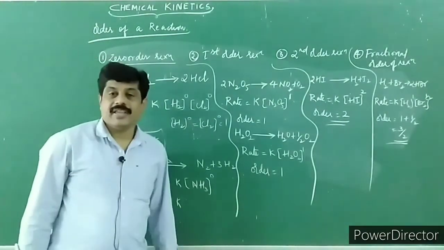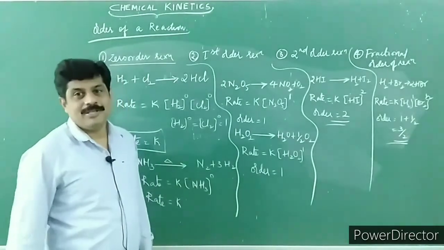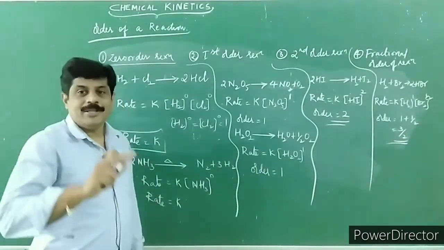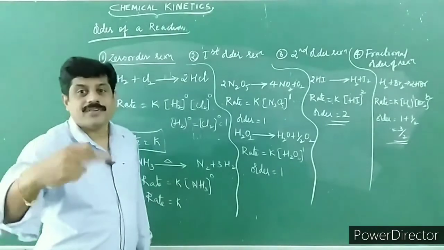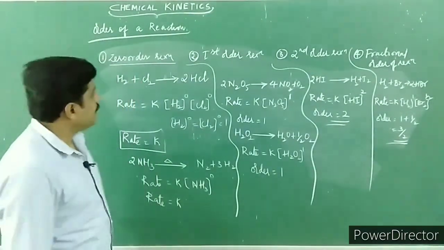Children, in this way you can find out the order of a reaction by knowing the numerical coefficient value after conducting the experiment. Children, now what do I do?